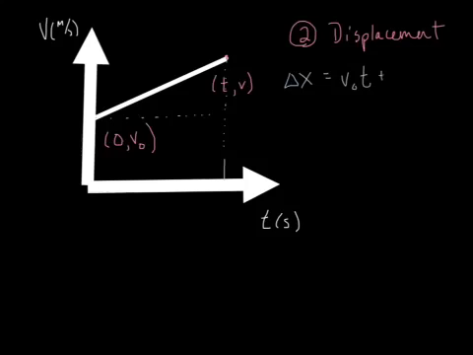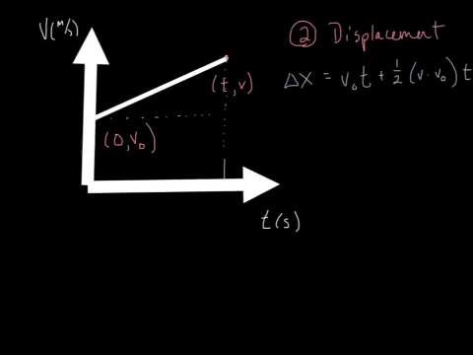And then we're going to add the triangle. The triangle is 1/2 times base times height, so we're going to do 1/2 times the height, and that height is going to be v minus v0, and then the base is going to be t.